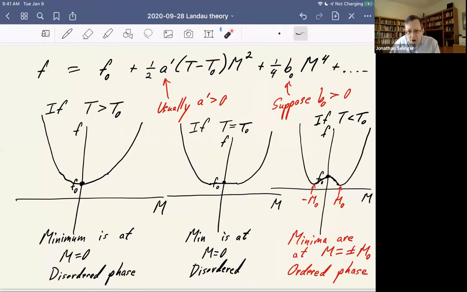Okay, so let's say we wanted to actually calculate the minimum algebraically.